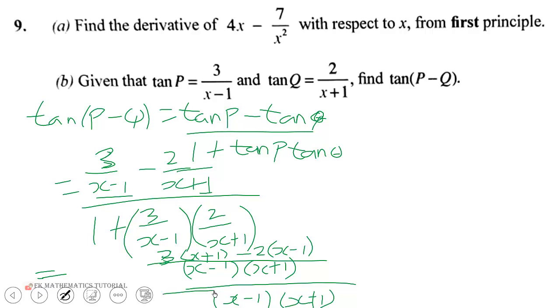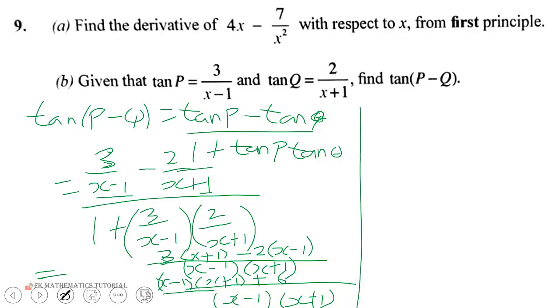So 1 goes here, x minus 1, so we have x minus 1, x plus 1, then we have plus 6 here because of 3 times 2.